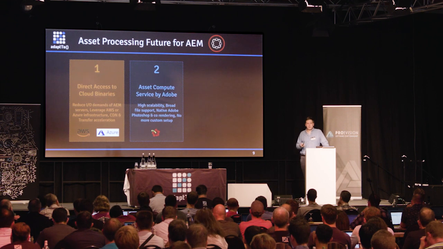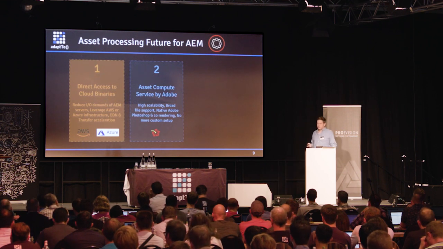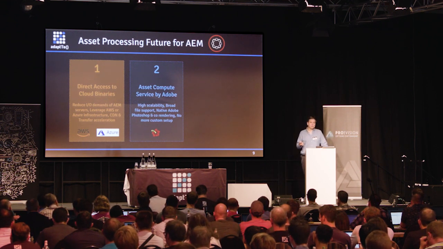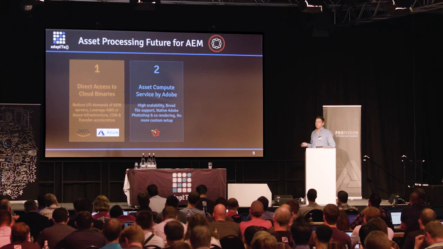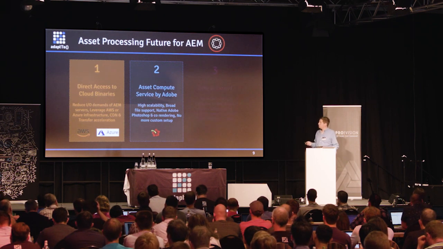It will support Photoshop and other Adobe file formats in a much better way. And also, it's going to be setup free, right? So you no longer have to do customizations on AEM just for certain file formats. And if we have new file format support, it will be immediately available to customers.